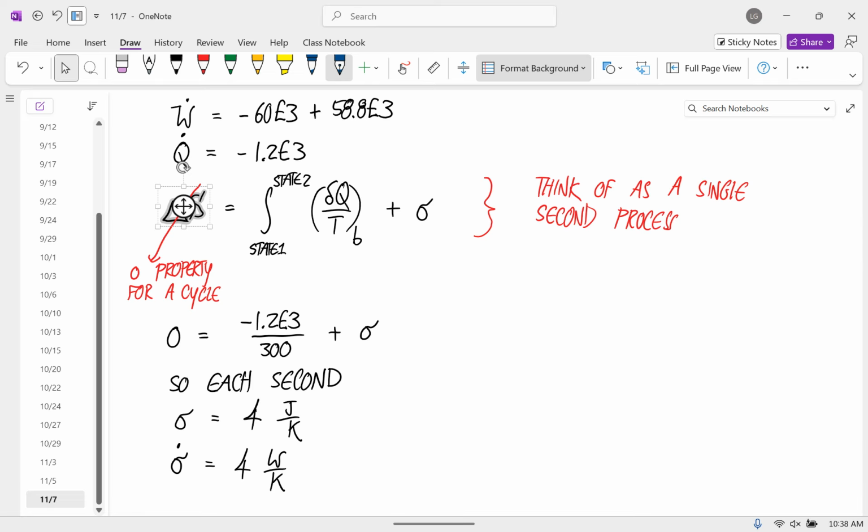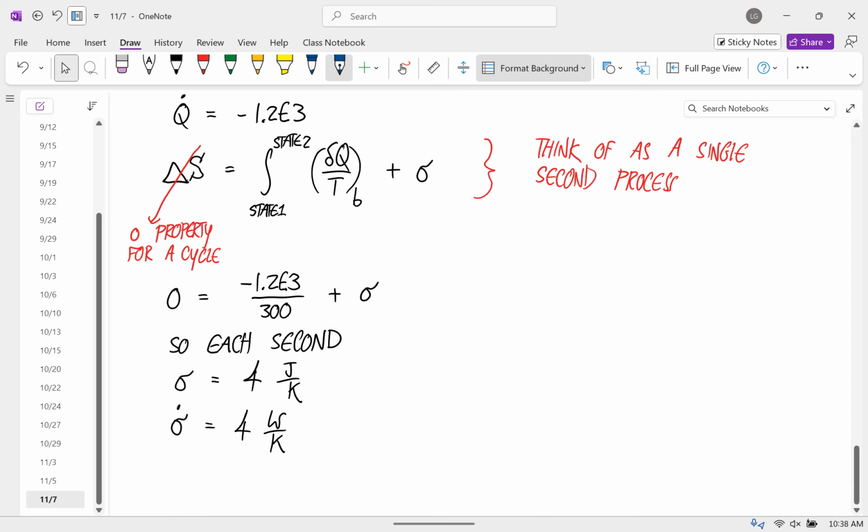The reason we can do it as a total Q over T is because the boundary temperature is the same everywhere. If that boundary temperature was changing, it would be impossible with what we know. So we just integrated for 1 second, basically? Yes, that's what we did. Just 1 unit of time, so that we can go back and forth between a finite value and a rate. Any other questions about that?